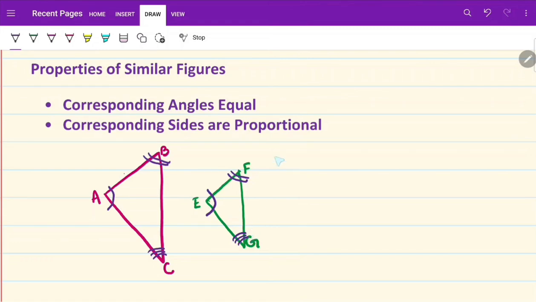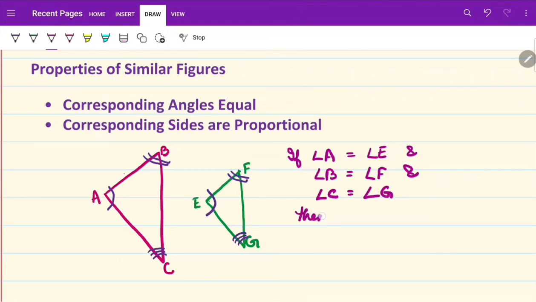So if the corresponding angles are equal, and I'm going to write that down here, if angle A equals the corresponding angle E, and if angle B is equal to the corresponding angle F, and if angle C is equal to its corresponding angle G, then triangle ABC and EFG are similar. All right, then they are similar.